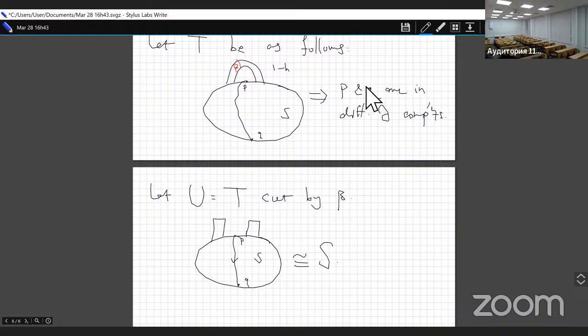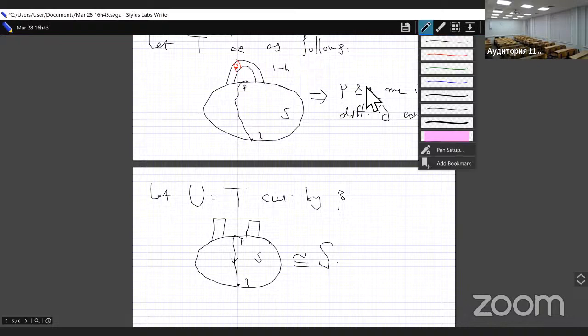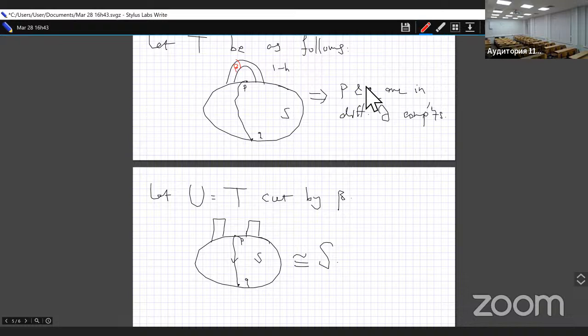Now, what I want to do. First of all, by saying that P and Q are in different boundary components, and by what we just proved minutes ago, we have this: that the A of T minus alpha is contractible.